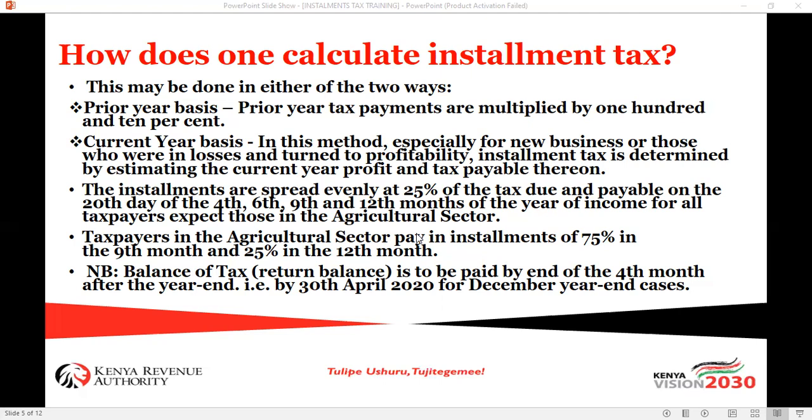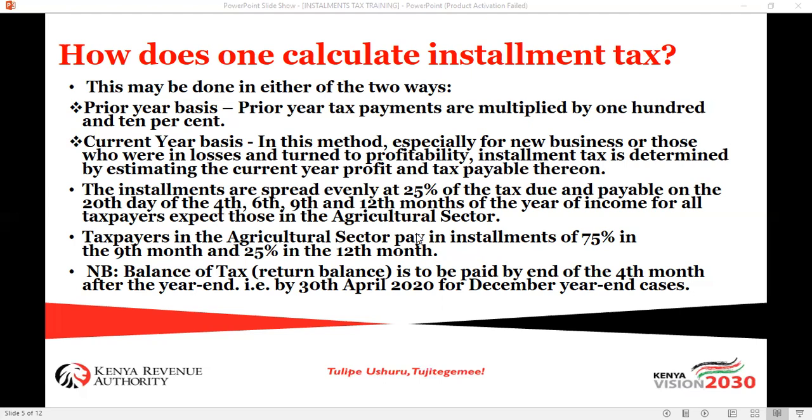What used to confuse me is that some companies are paying in April, others in June. What is the rationale? The rationale is that for companies it is 30th of April, but it depends on the financial year of the company.